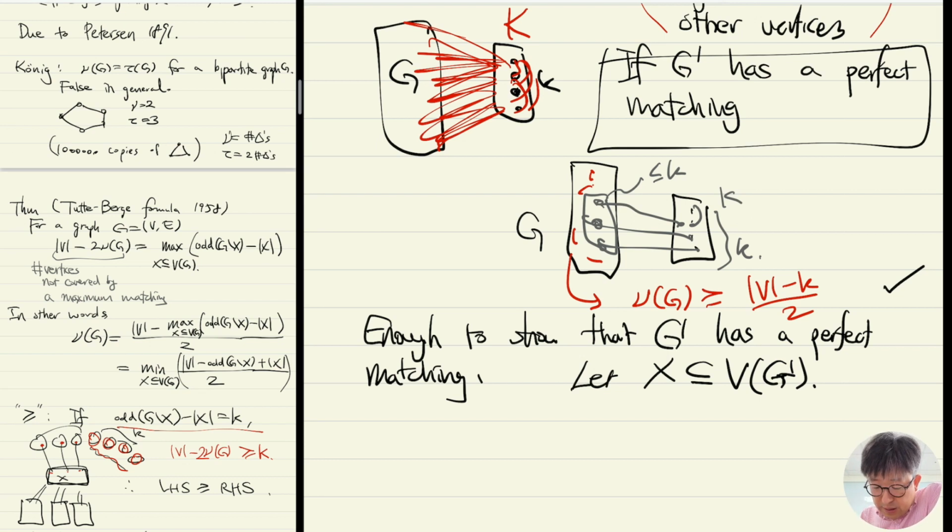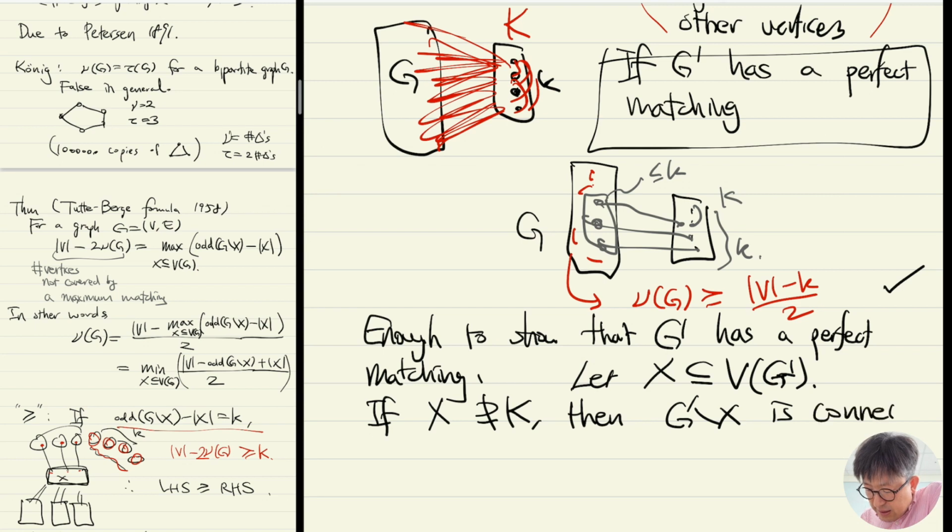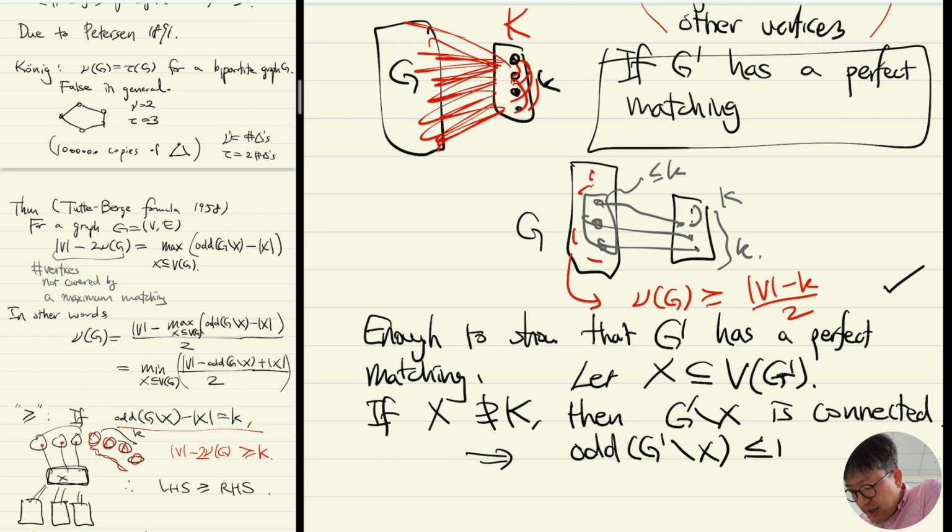If X does not cover all vertices in K, then G prime delete X is connected, because if you don't delete all vertices of K, then one vertex will remain, and that is connected to everybody. So the number of components of G prime delete X is at most 1, because there's only one component.